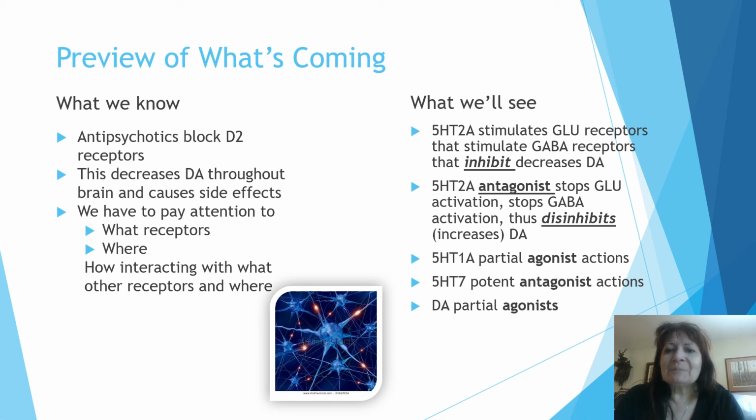That in turn stops GABA activation, and that in turn increases the dopamine. 5-HT1A has partial agonist actions. 5-HT7 has potent antagonist actions. And we also have something called dopamine partial agonists as well.